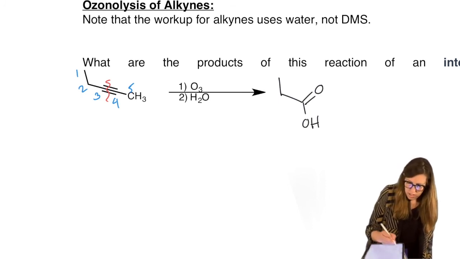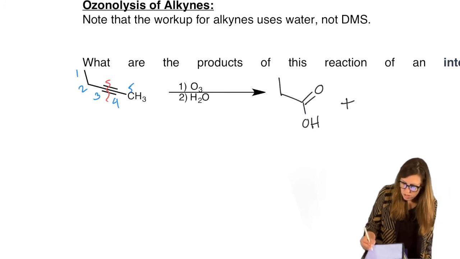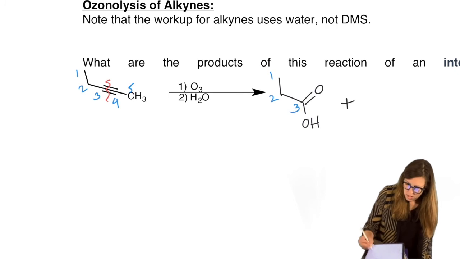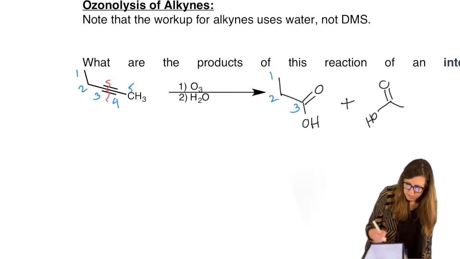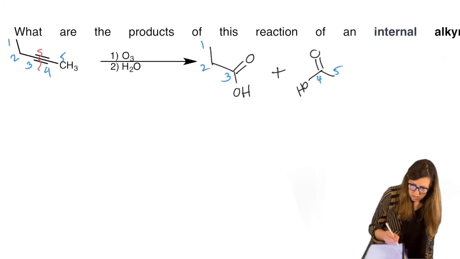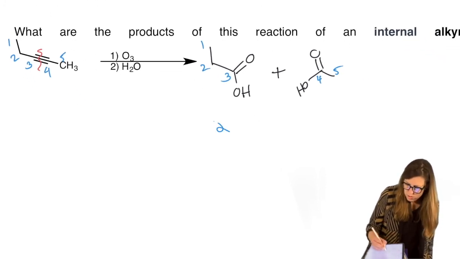Same with the other side. 4 and 5, so this is 1, 2, 3, 4 and 5. Carbon 4 is where we have our carbonyl, which is a carboxylic acid, and then we have our methyl, which is carbon 5. So let's write that out. We get 2 carboxylic acids.